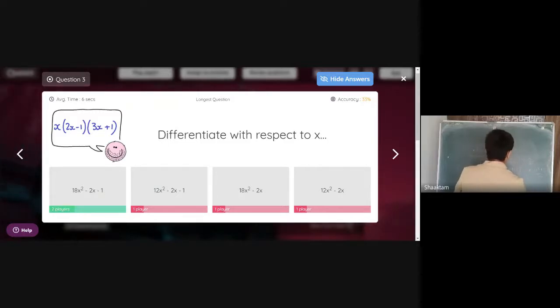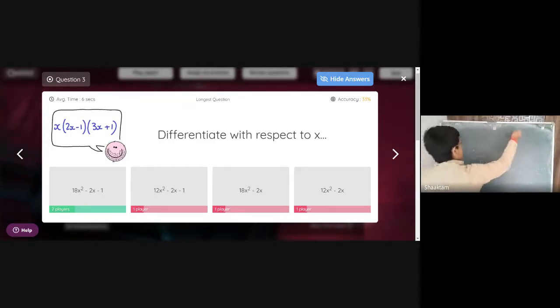So 2x minus 1, plus now x into, how does 2x minus 1 vary with x is also a simple thing only. It will be 2 because minus 1 is a constant. So plus of 2 into x. So this will be 4x minus 1.